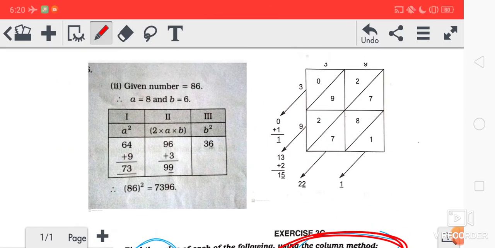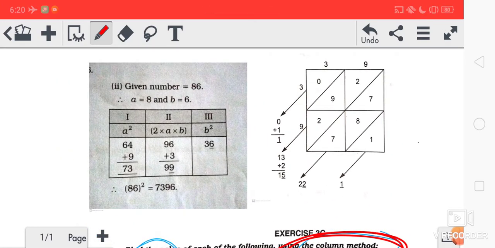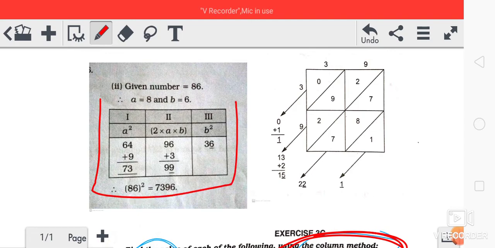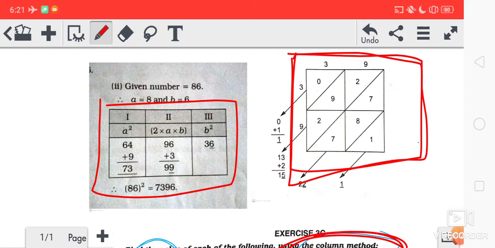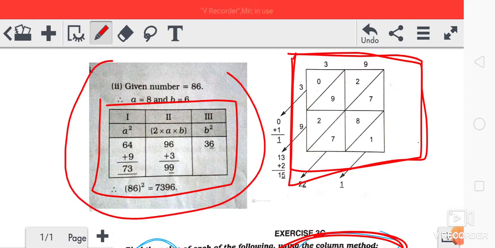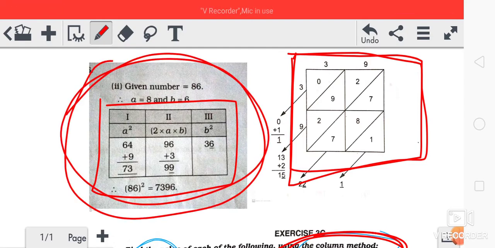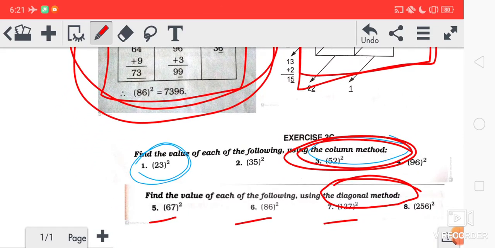For this one you make the column like this, and this is your column method. This is your diagonal method, where you find it diagonally. One by one we'll discuss. First of all we'll discuss how to find the square of any number using the column method.